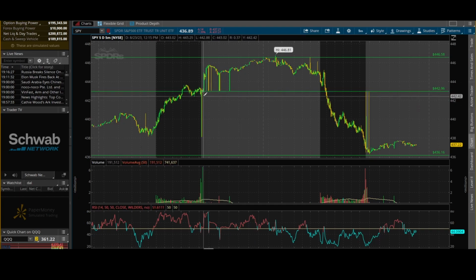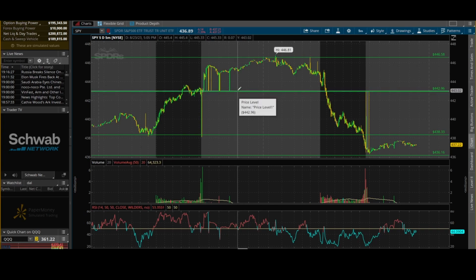For example, the low of the pre-market is not 442.96. It is actually 438. Now, there are two zones. The close of the market of the day before is 442.96. In the zone, you either bounce off of it or you break it.